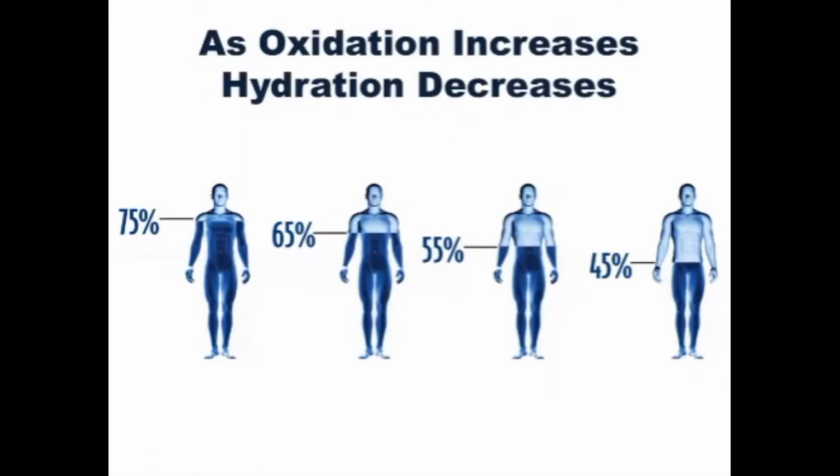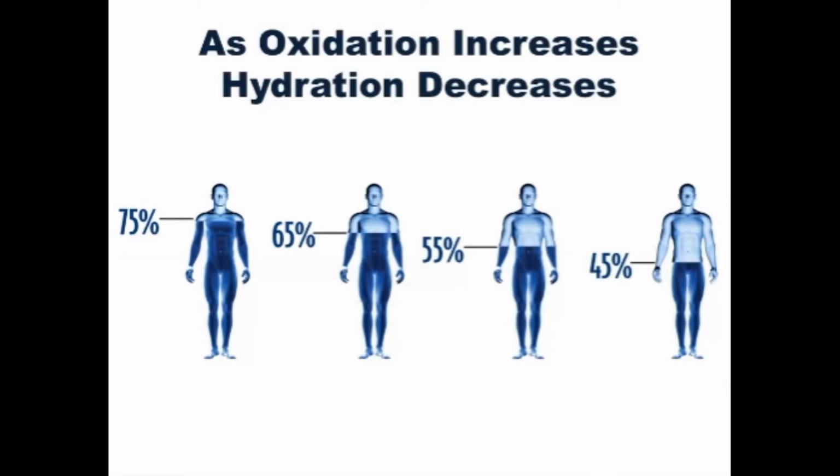And as oxidation increases, hydration decreases, because just like I showed you in the pictures of the cell membrane, as those cell membranes become oxidized and that fat in the cell membrane becomes thick and sticky, like that fat on your vent fan in your kitchen, it starts to repel some of the water. So you're not getting an adequately hydrated cell.